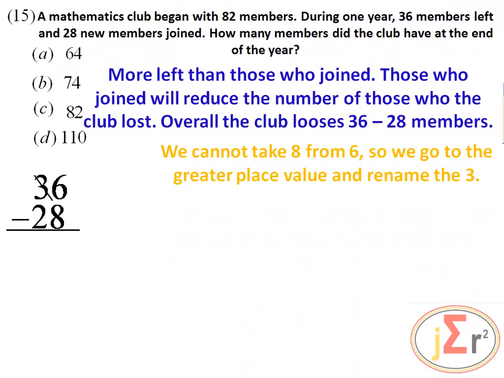What will happen? 2, and the 1 that is removed from here will go into this column. And do not forget that the column to the left has a place value that is 10 times the present place value. Therefore, what we have coming from this is 10.